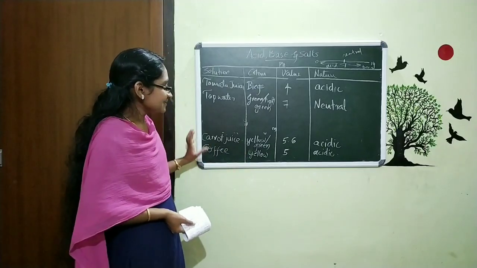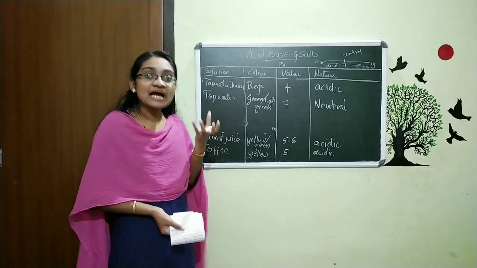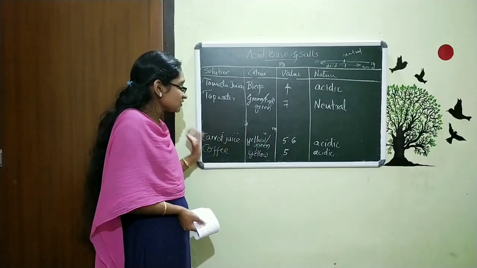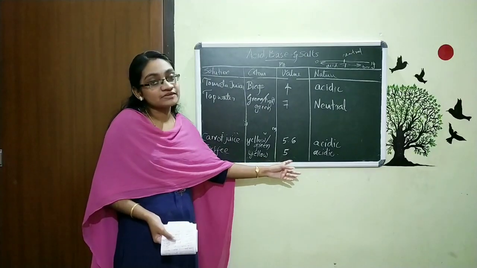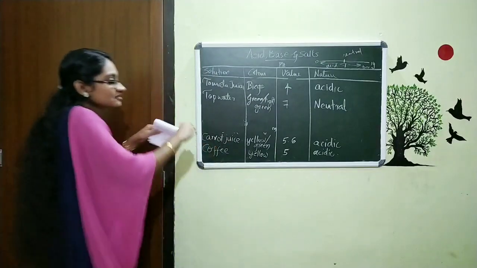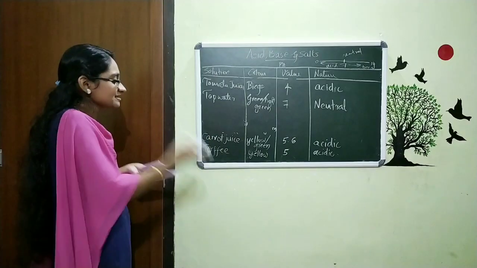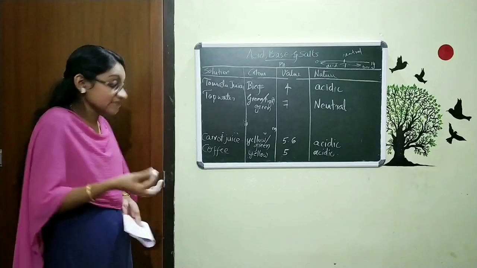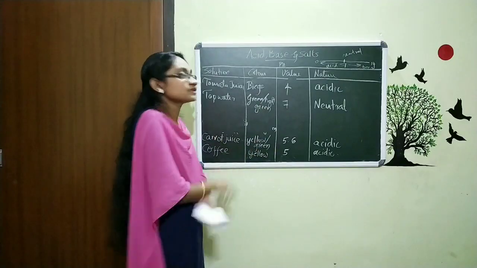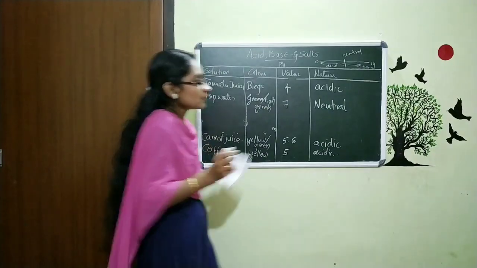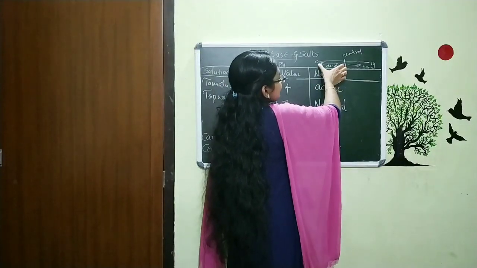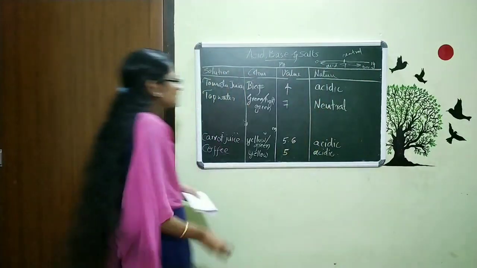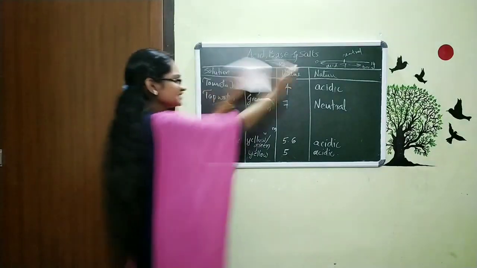So our sample depends on this concentration. When we make the concentration higher, then our value will also change. So don't think this is the final value. When we make the coffee with more and more powder, the concentration changes, and the color and the value also change. Still, we will get a value within 0 and 7 for acids or within 7 and 14 for bases. It is something in that region. That is the only thing.